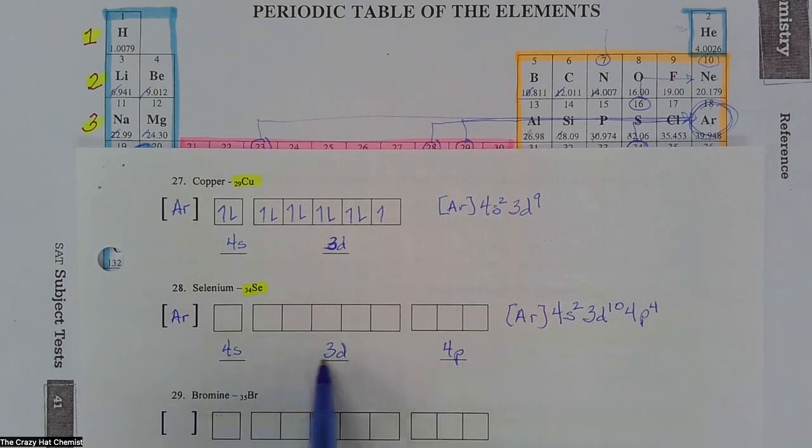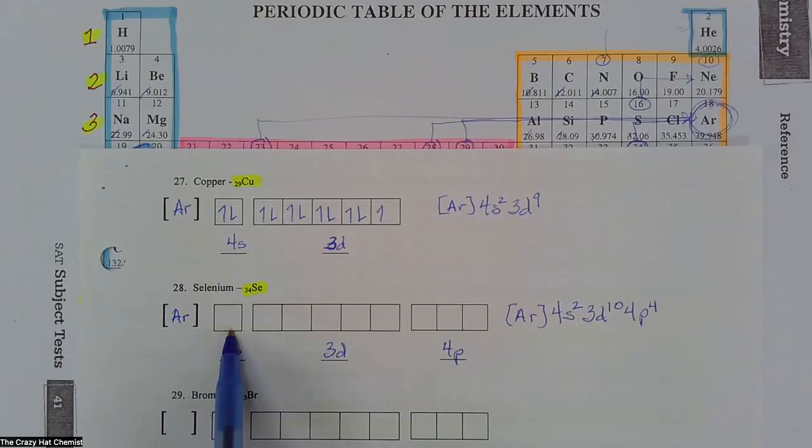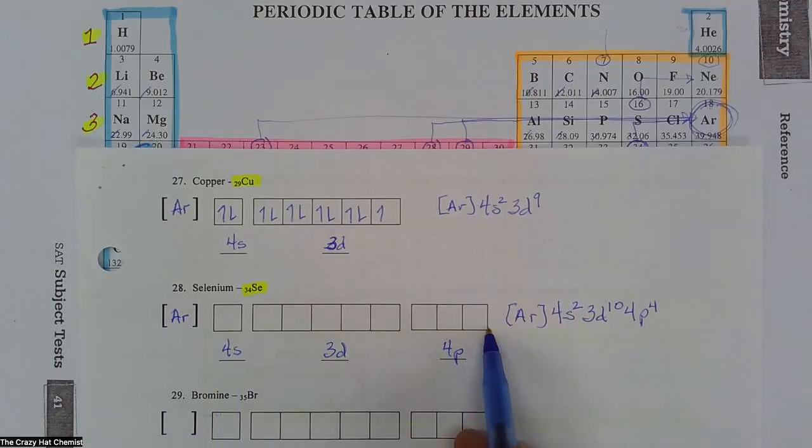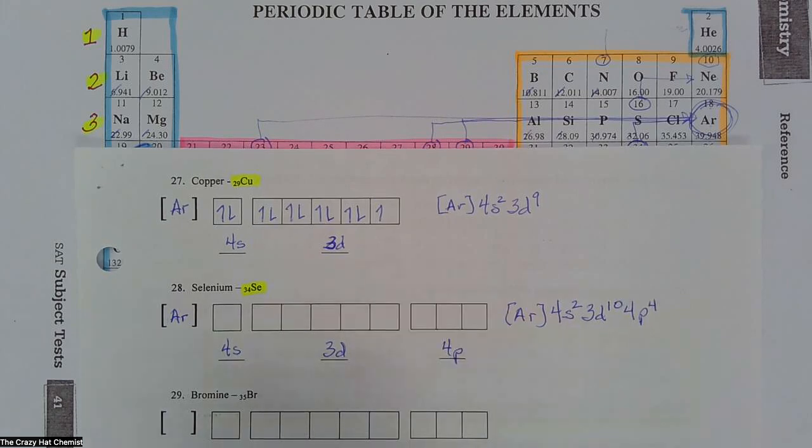So before you label these boxes as 4s and 3d and 4p, you need to make sure that these labels are appropriate for the number of boxes. The s-type orbitals only have one box. The p's always have 3. The d's always have 5, and the f's will have 7. So you need to count the number of boxes before you label them, before you put those electrons there, just to be sure.